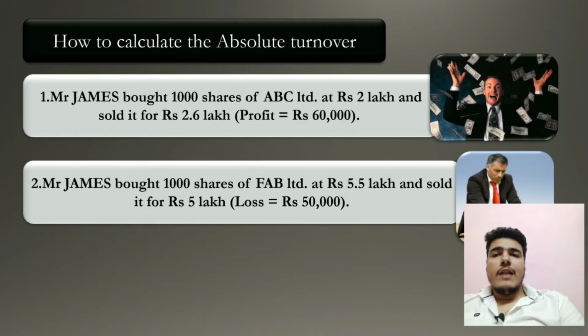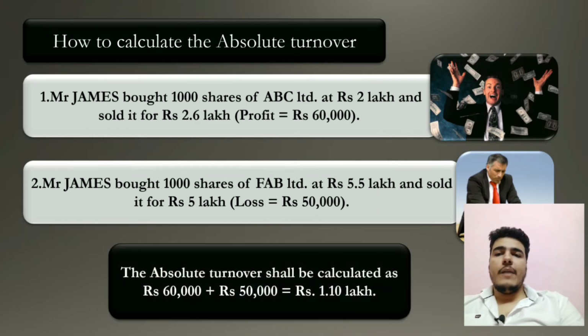So how to calculate absolute turnover? We just have to add this, by ignoring the sign of loss, the minus sign. Okay, so 60,000 plus 50,000, 1.1 lakh will be the absolute turnover. Okay, so this is how we calculate absolute turnover, and you have to check this turnover for tax audit requirements and presumptive taxation. Before opting for presumptive taxation, you have to check if your turnover is up to 2 crore, then only you can opt for presumptive taxation.